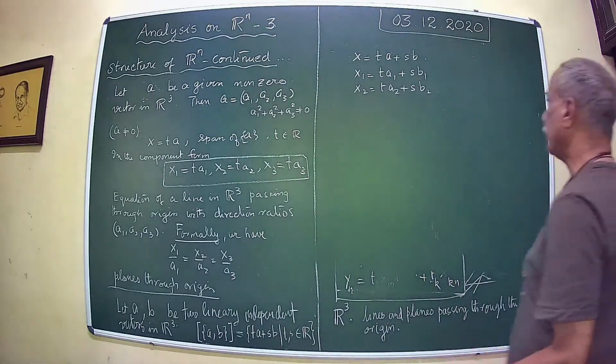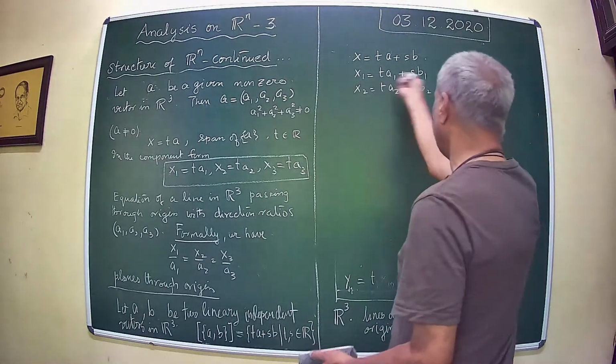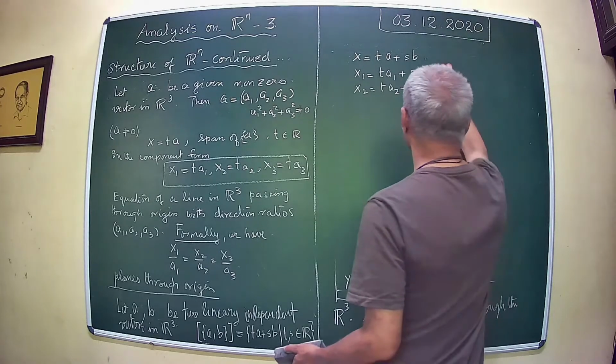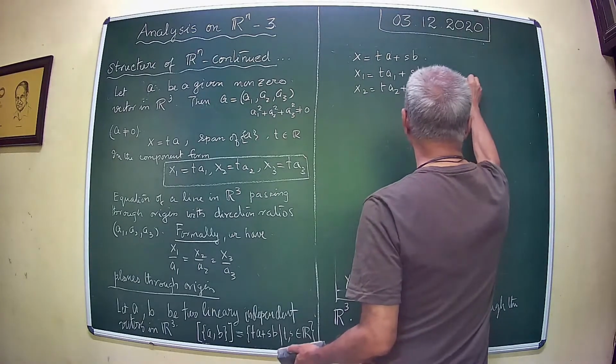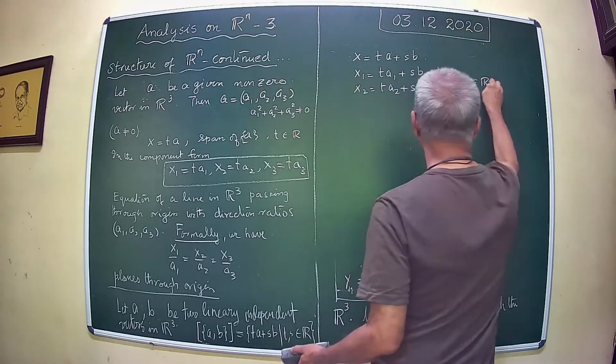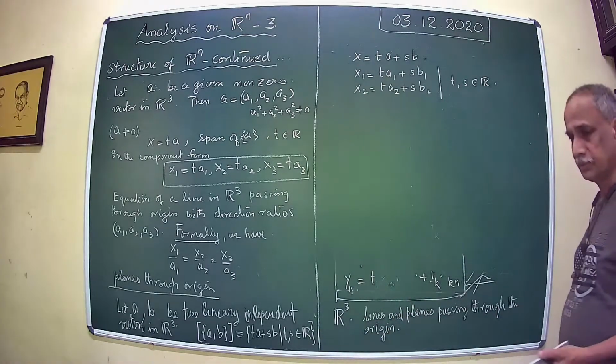This is the parametric form of the equation, with t, s belonging to R.